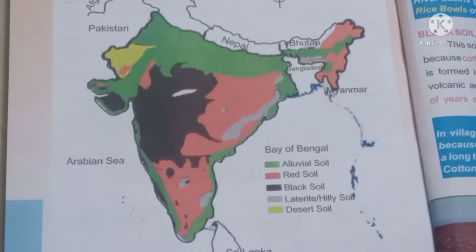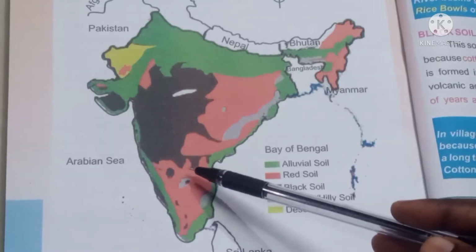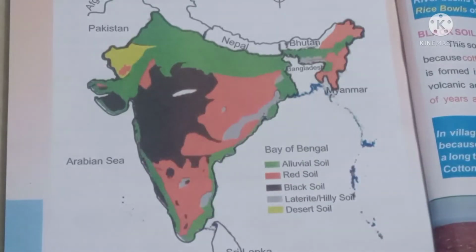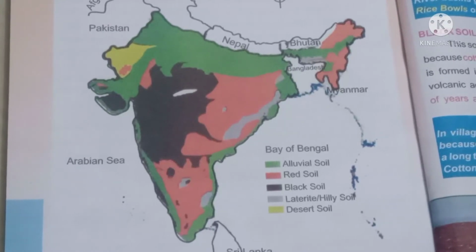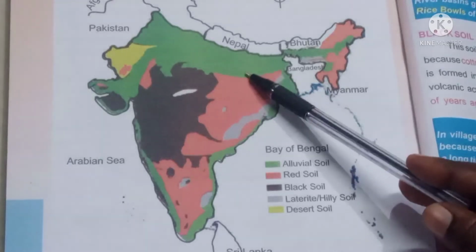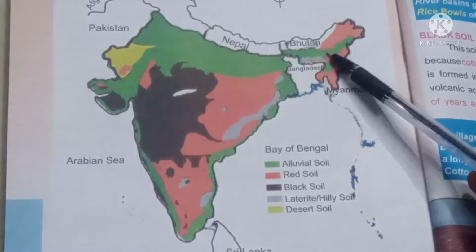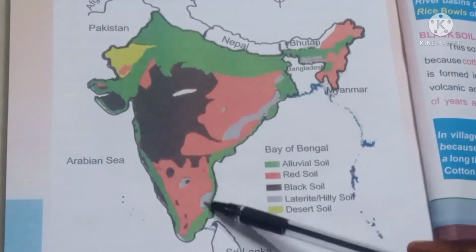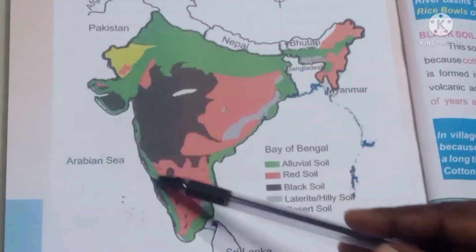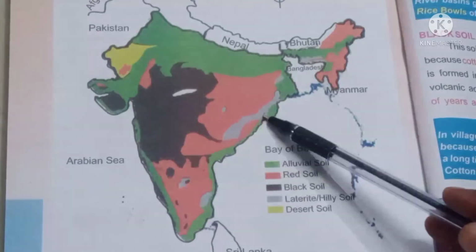Now let's see what the different types of soil are and in which areas they are found. We can see the green color soil. Wherever we see the green color, we must know they are all plains. This is the western coastal plain and this is the eastern coastal plain.